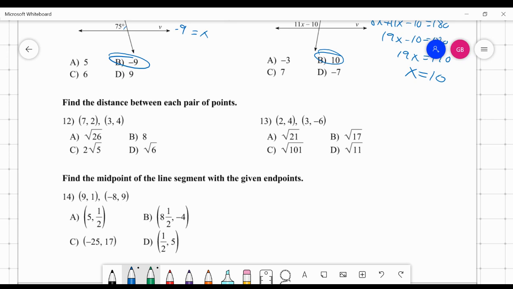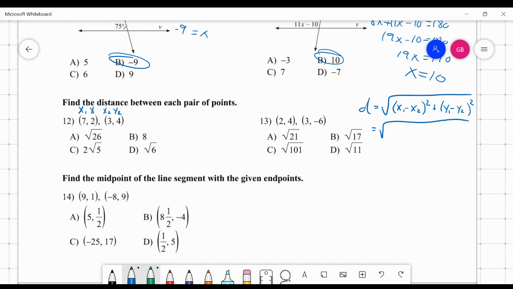Okay, number 12. Find the distance between the pair of points. So we're going to use the distance formula, which is the square root of x1 minus x2 squared plus y1 minus y2 squared. So let's label the points. And then we could substitute.